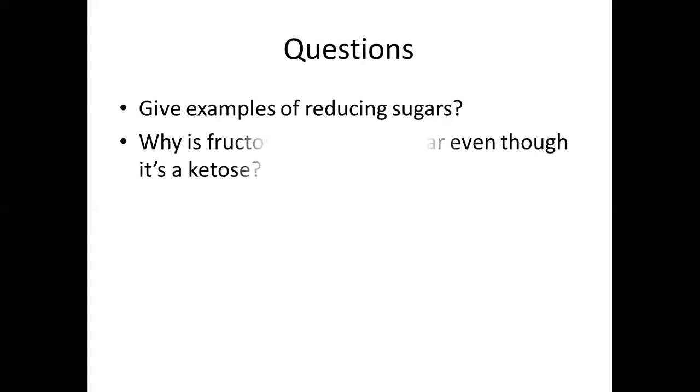And then the other question is, why is fructose a reducing sugar even though it is a ketose? Remember, fructose has a ketone functional group. And remember, we said that aldehyde functional groups are easily oxidized and hence they are powerful reducing sugars.